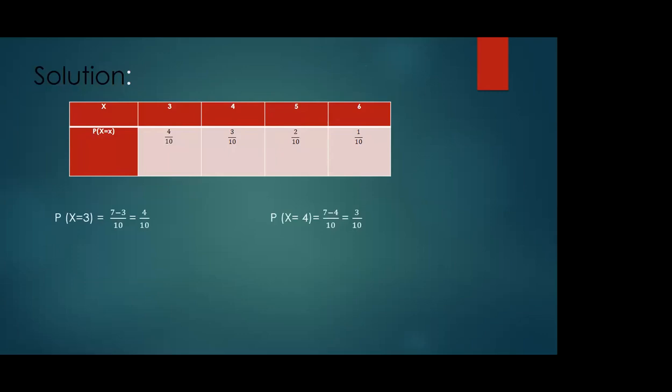The first thing we have to do is fill in our x values, which are 3, 4, 5, and 6. Then we calculate our probabilities using the formula that we were given.